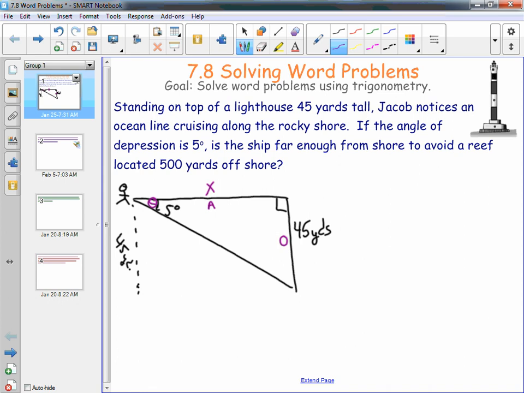When I look at opposite and adjacent, I am seeing TOA, which means I'm going to use tangent to solve. So I will say the tangent of 5 degrees is equal to the opposite 45 over the adjacent x. And just as before, I'll put tangent 5 over 1. I'm going to cross multiply and solve for x.